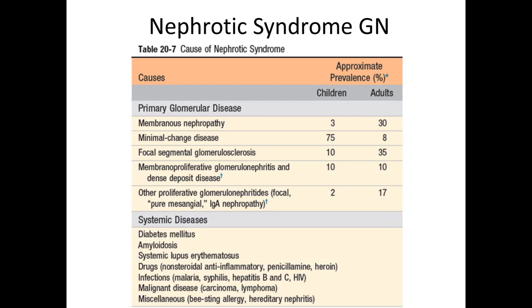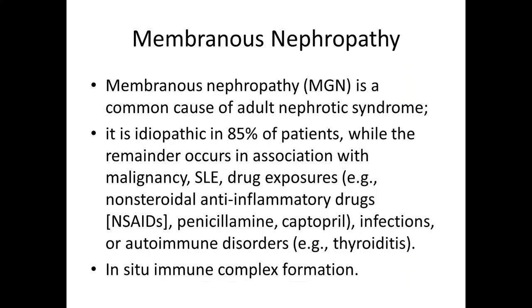Of course, we can divide and classify these causes into primary glomerular diseases, which include membranous nephropathy, minimal change disease, FSGS, and membranoproliferative diseases, and systemic diseases like diabetes mellitus, amyloidosis, systemic lupus erythematosus, and some infections, drugs, malignant diseases, and some miscellaneous pathology like bee sting allergy or hereditary nephritis.